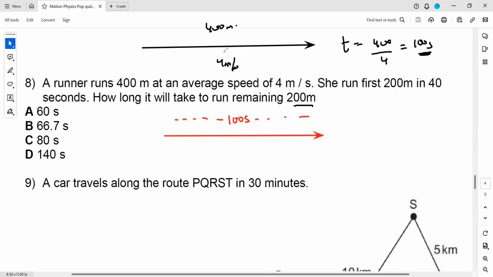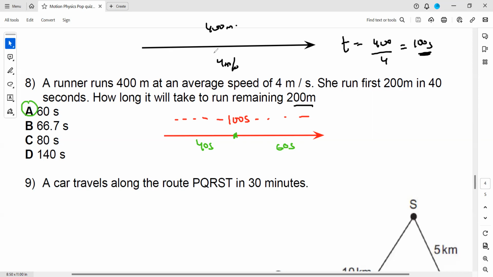The first 200 meters is completed in 40 seconds. So how long will it take to run the remaining 200 meters? Because the total journey lasts 100 seconds, and the first part is 40 seconds, the remaining will be 60 seconds. So A should be the right answer.